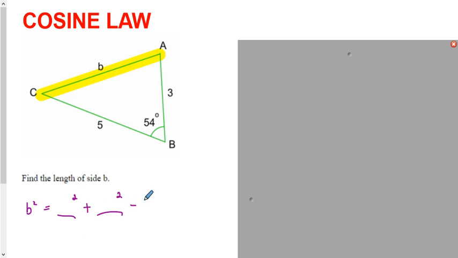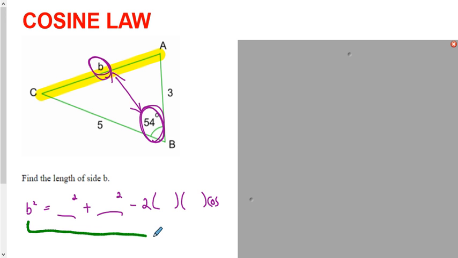And then I'm going to go minus 2 times the two other sides again, those same ones, times cos of the angle that's across from the side you're trying to find. Those always match up. So right here and right over there are going to be across from one another in the triangle.